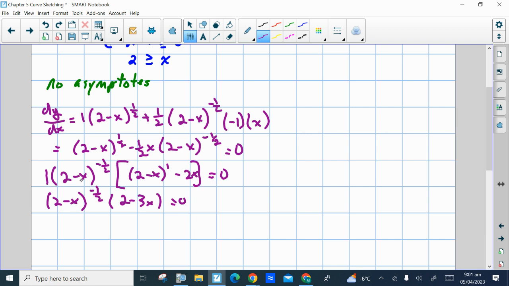Taking out a common factor of 2 minus x to the negative a half, I'll get 2 minus x. Yeah, that should have been minus 1/2 x. 2 minus x minus 1/2 x.